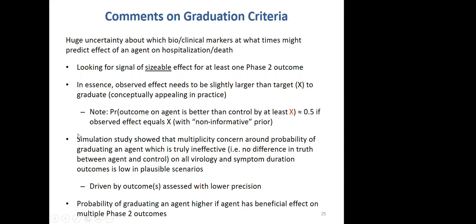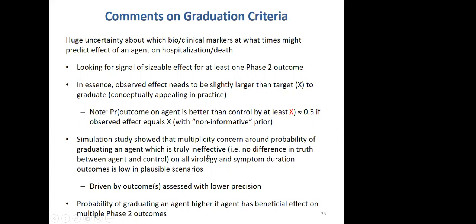There was a really extensive simulation study that was done, partly by one of the participating companies and then also by our group at Harvard, that showed that there can be multiplicity concerns.